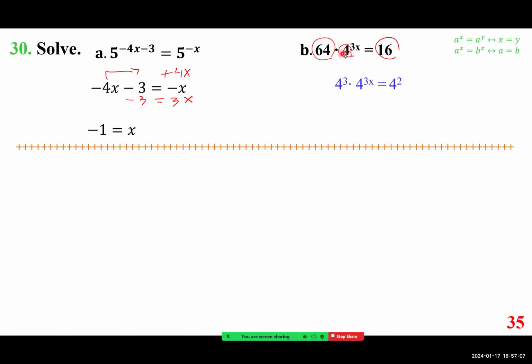That means 2 squared. All right, so now, as you know, the left side is 4 to the power of 3 plus 3x, so 3 plus 3x must be equal to 2. We're going to subtract the 3, and we get 3x equals -1, so x is -1.